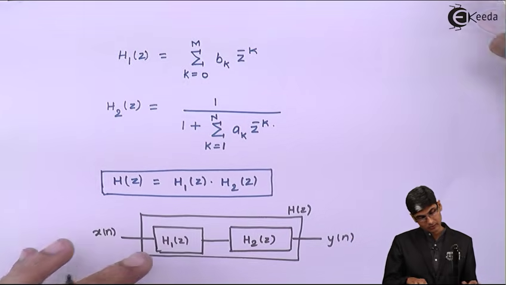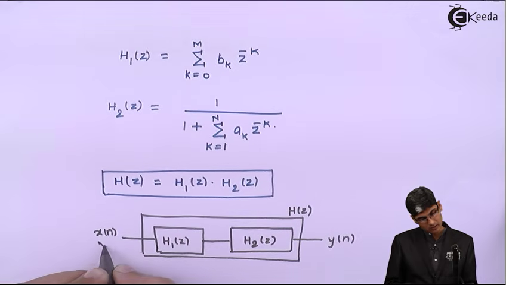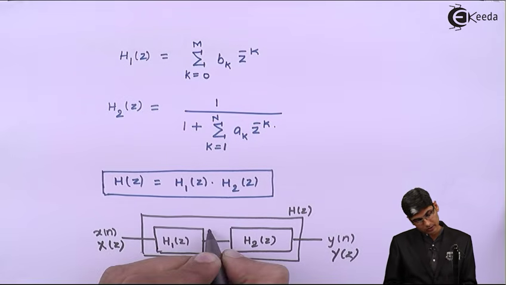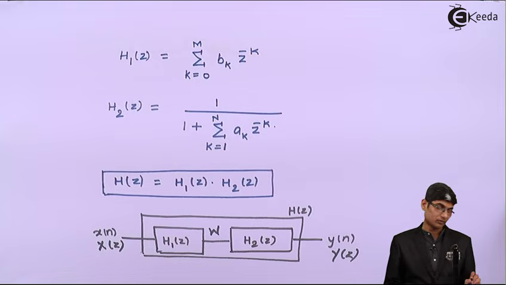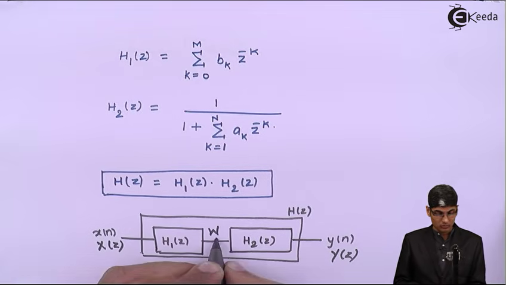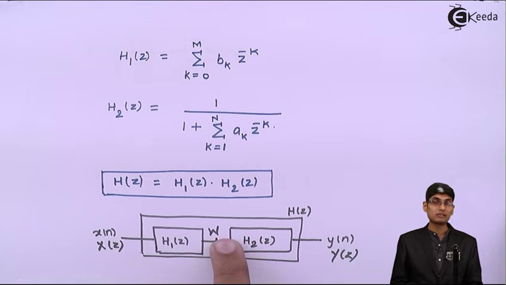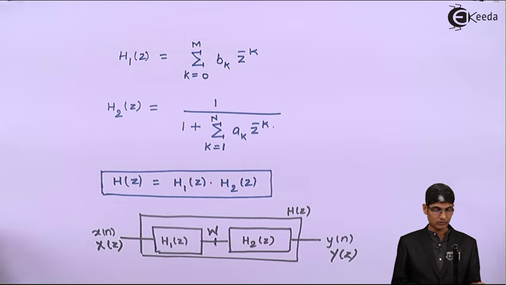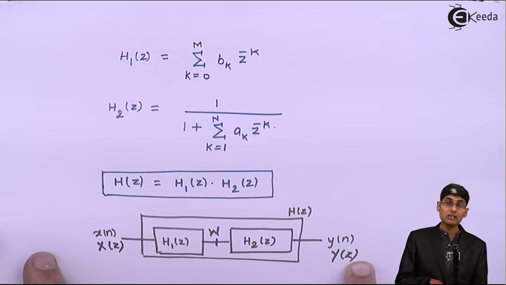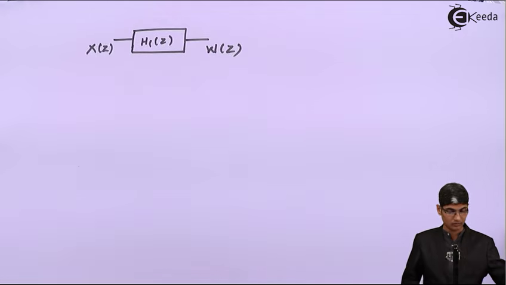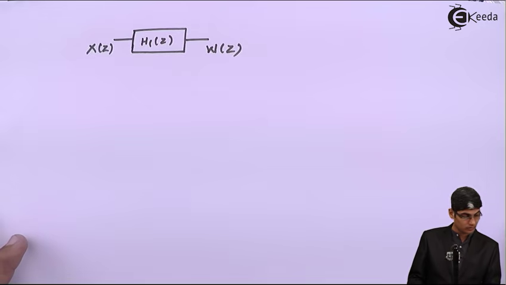So for example, I write this as x of z and this will be my y of z, and the intermediate node is, let's say, w of z. So x of z is the input to h1 of z, w of z is its output, y of z is the output of h2 of z, whereas w of z is its input. Okay, so let's see the first system.